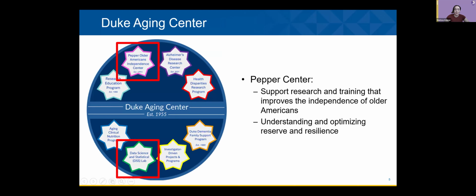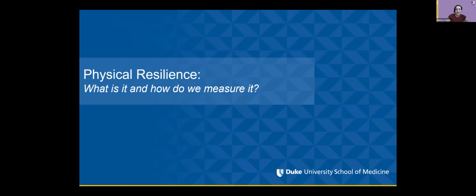In what we call the DSSL, we have statisticians in these various different subgroups within the Aging Center, but I specifically work in this Pepper Center. And so the idea of the Pepper Center is that we support research and training that improves the independence of older Americans. And furthermore, our goal is to understand and optimize what we call reserve and resilience. And so we'll be talking about those two things a bit more throughout the talk.